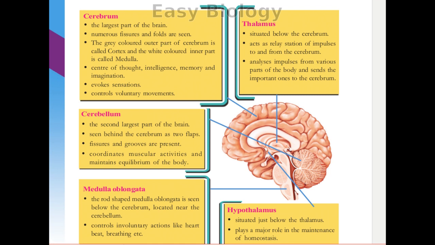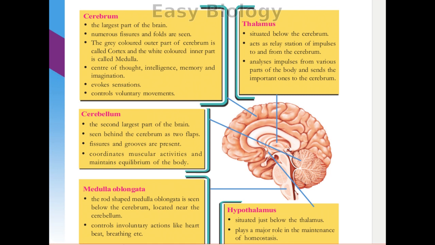What are the functions of thalamus? It acts as the relay station of impulses to and from the cerebrum. And it also analyzes the impulses from various parts of the body and sends the important ones to the cerebrum.